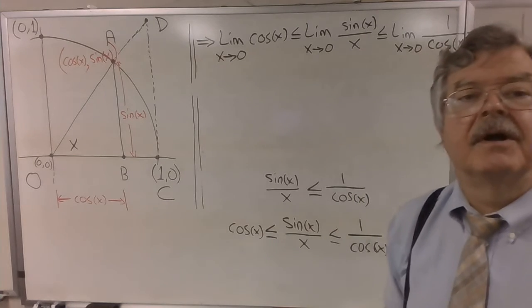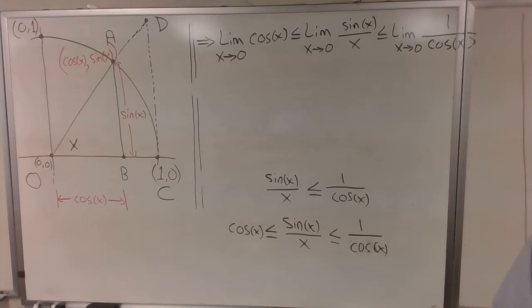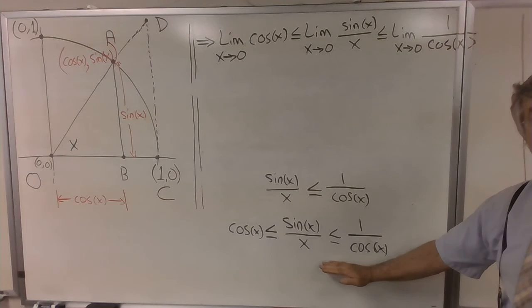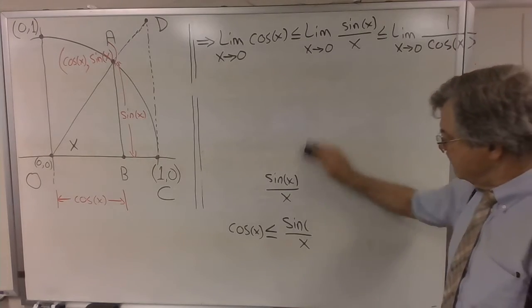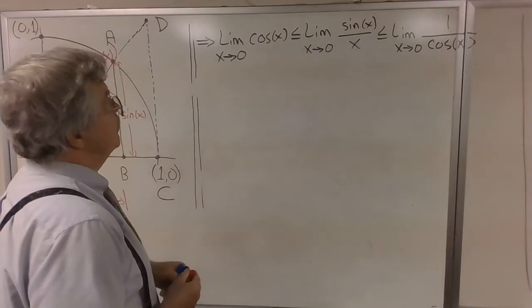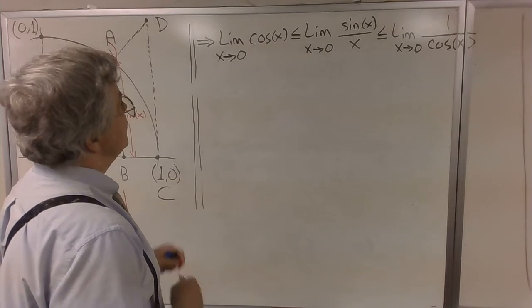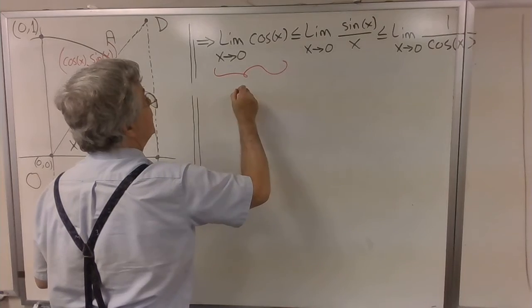Is that showing up? Cosine of x? Yeah, okay. Good. I just took the limit of all three sides as x goes to 0. Well, as x goes to 0, cosine of x goes to 1.